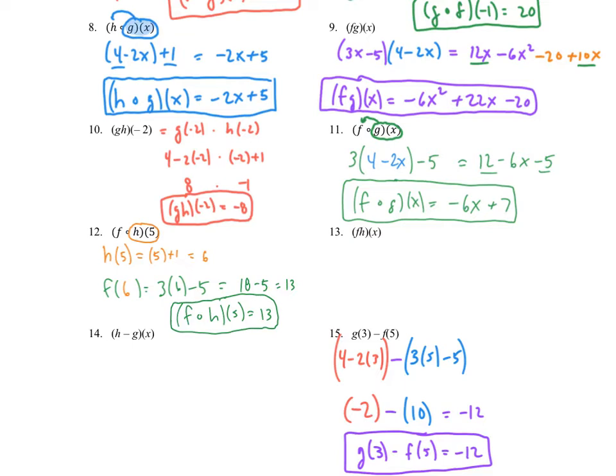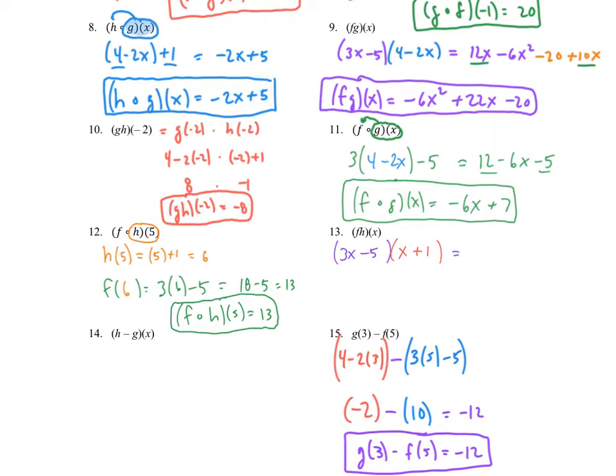Number 13 is pretty similar to 9, so I'm going to take f and I'm going to multiply it to h, f being 3x minus 5 and h being x plus 1. So there's some distribution here.